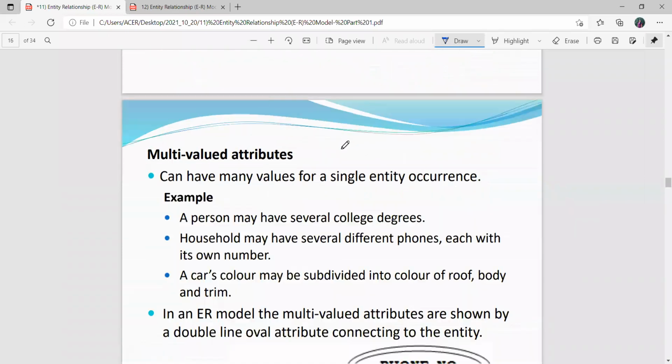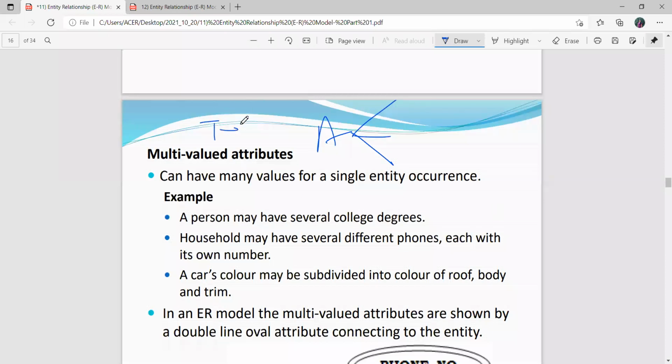Then the multi-valued attribute. A multi-valued attribute is an attribute that can have many values for a single entity occurrence. A simple example is your telephone number. As an example, let's take person A. Person A can have more than one telephone number.